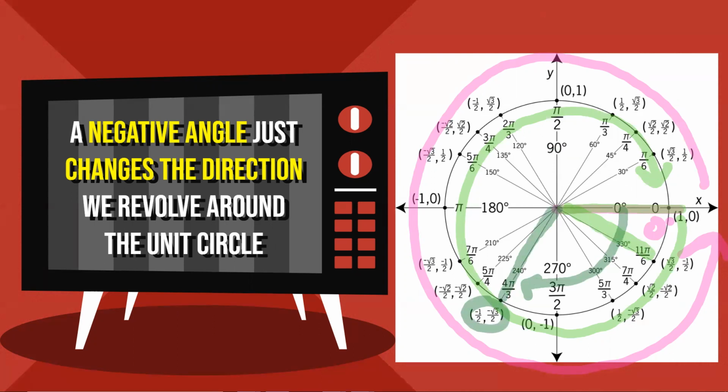If I wanted to do negative 180 degrees, I would go back 180 degrees, end up in the same exact place right here, but it just depends on which direction we're going based on a negative. So a negative angle just goes clockwise. A positive angle goes counterclockwise.